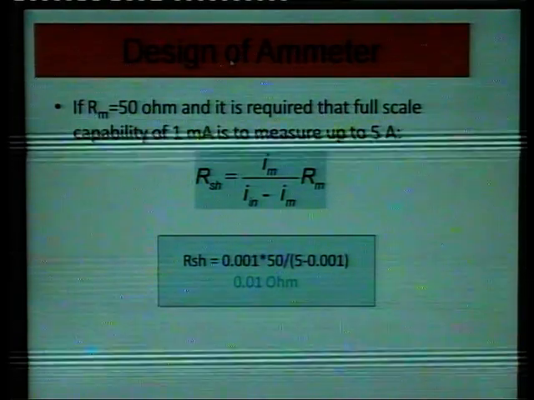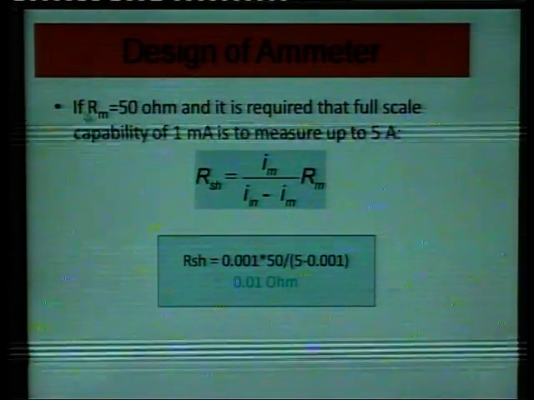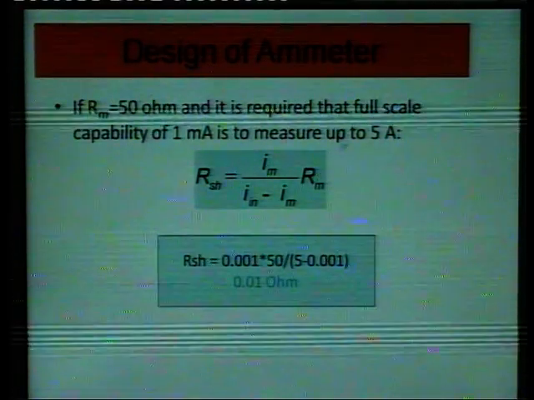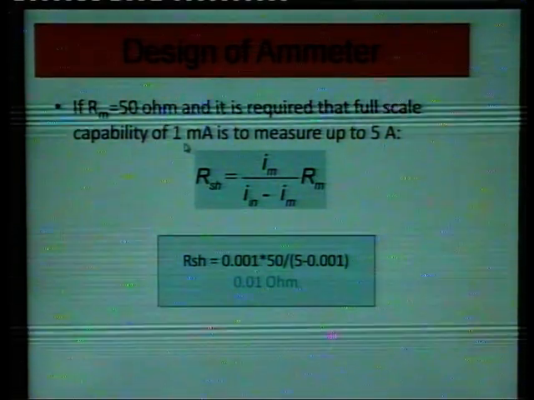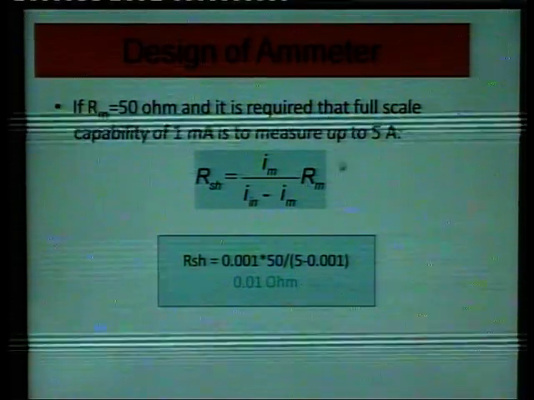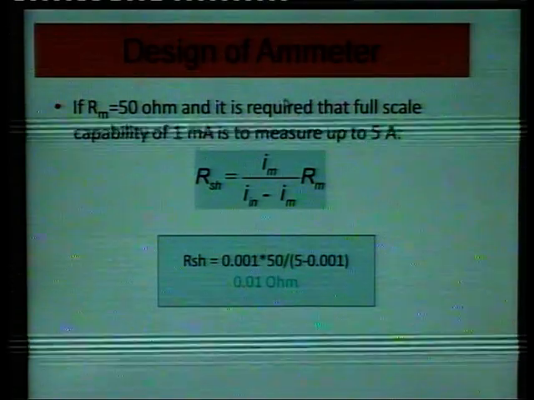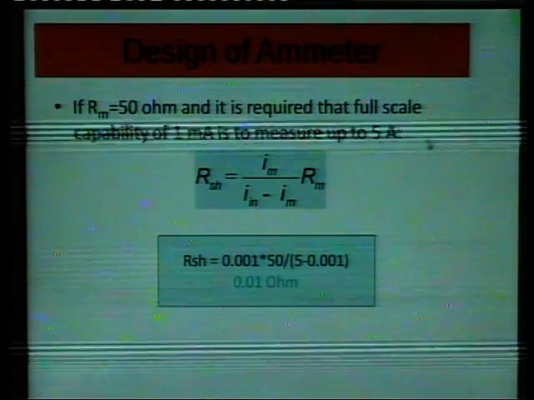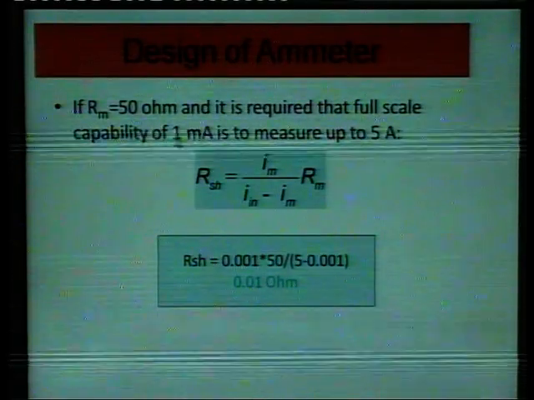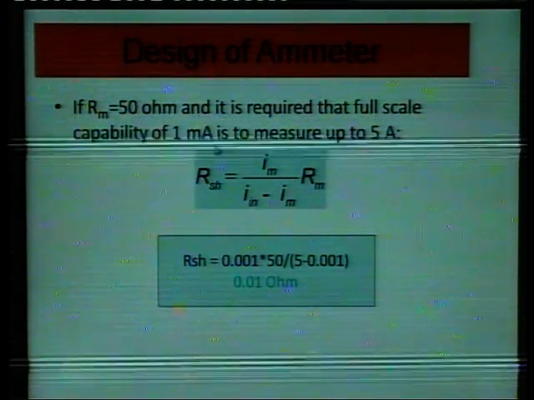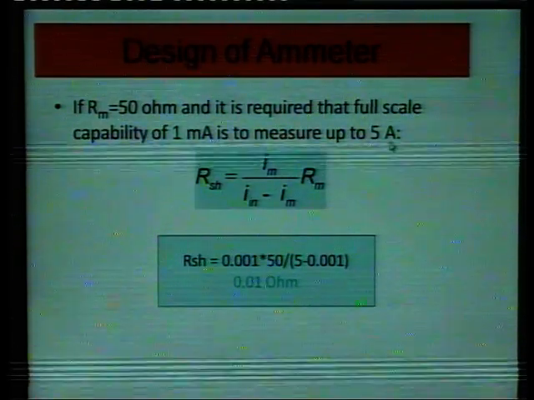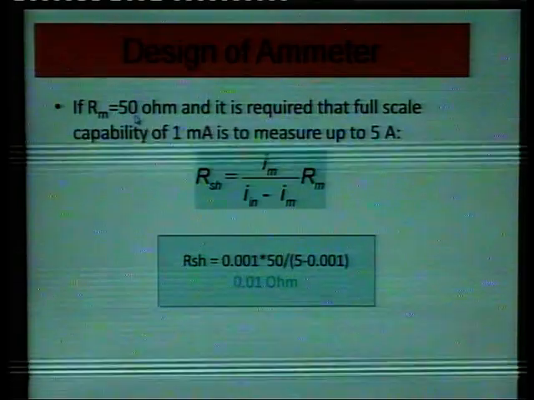Suppose a question is here now: R_m is 50 ohms and it is required that a full scale capability of 1 milliampere be extended to measure up to 5 ampere. So you have to convert a galvanometer into an ammeter which can measure a current of 5 ampere. The input it can measure at first is 1 milliampere, but we require it to be 5 ampere. Resistance is given as 50 ohms.